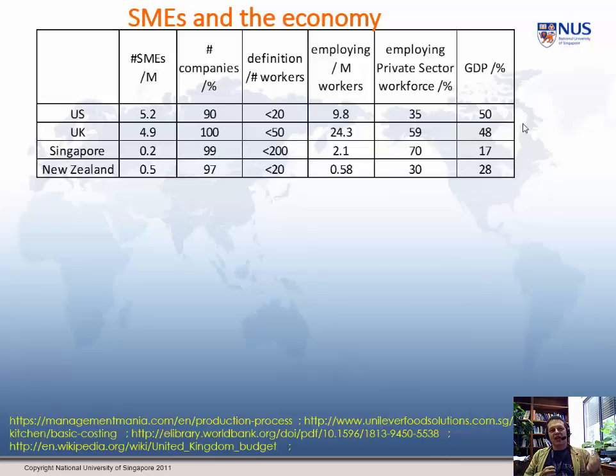So if I go and buy a computer, that's a contribution to GDP. Unfortunately, if I go and crash my car, then the repair is also a contribution to GDP. But it's a measurement of economic activity. And half, just about, of all economic activity in the two larger economies on this table are down to SMEs. In Singapore and New Zealand, it's considerably less.